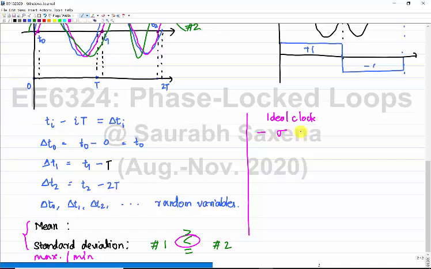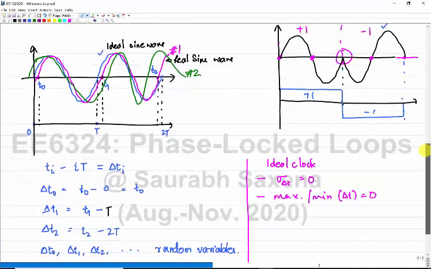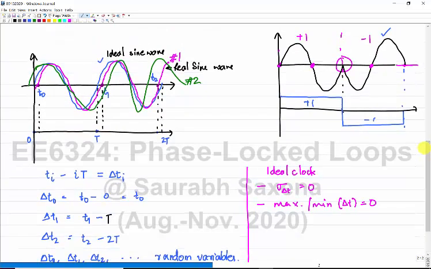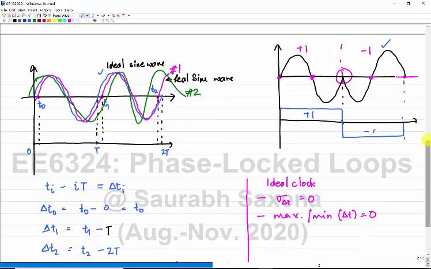The max and min deviation on this delta t should both be equal to 0. This is an ideal case, right? But we know we will never achieve an ideal system, so they will have some value. Whichever has a lesser value will be a better clock. So this is the kind of metric which we are going to use.